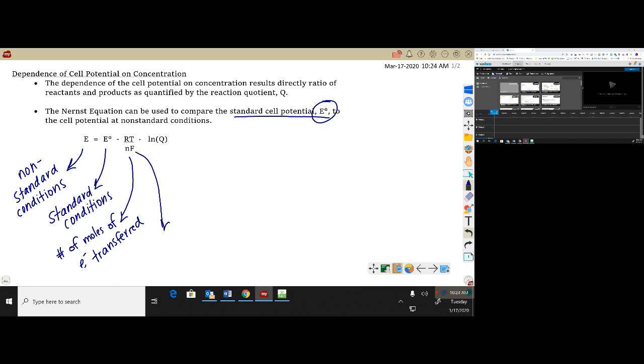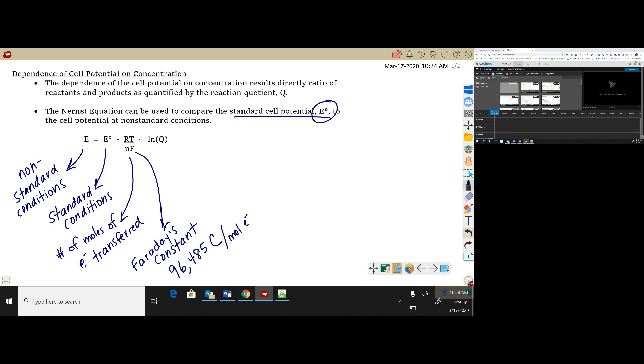F is a constant. It's called Faraday's constant, and it is in your packet. Totally in your packet, you look it up. It's listed in your packet as 96,485 coulombs per mole of electrons transferred.